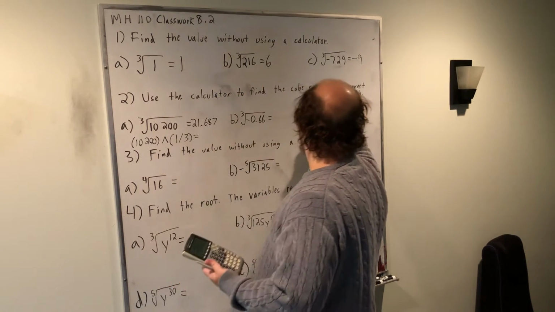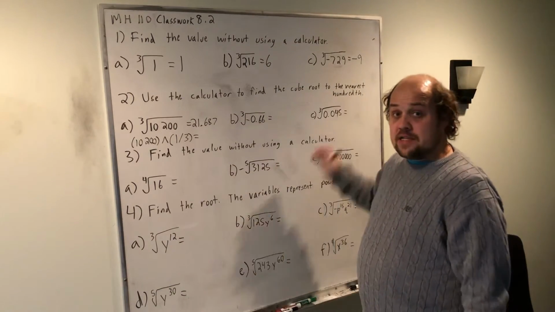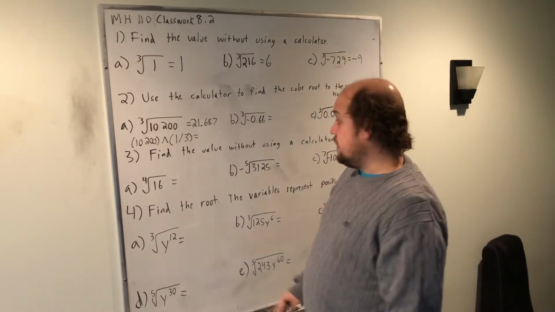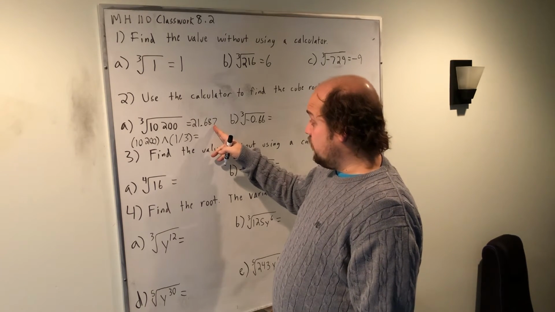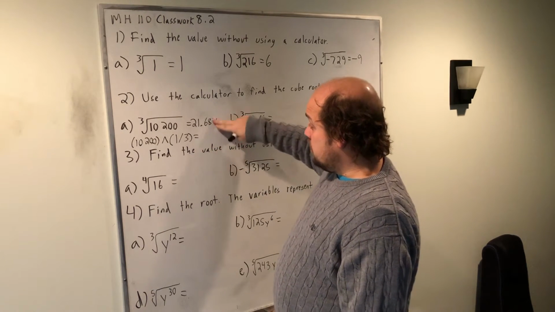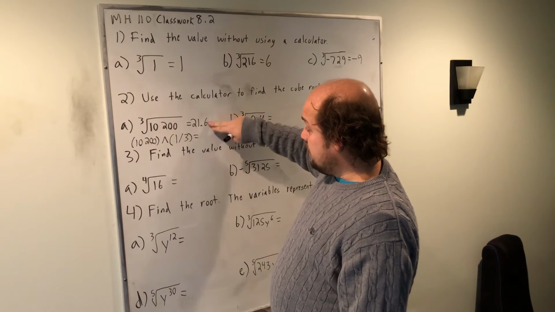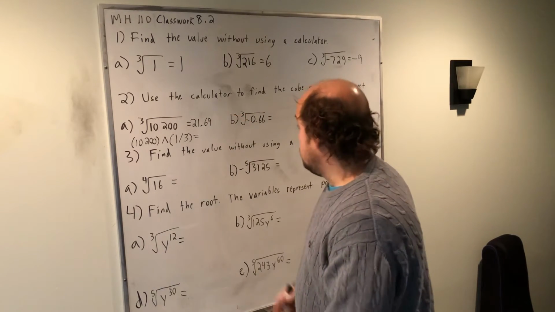Since it says the nearest hundredth in the directions, nearest hundredth is 2 decimal places, so we want to go to this decimal place. Since we're dropping something that's 5 or larger, that means we round up. So I drop that 7 and round up this 8 to a 9.